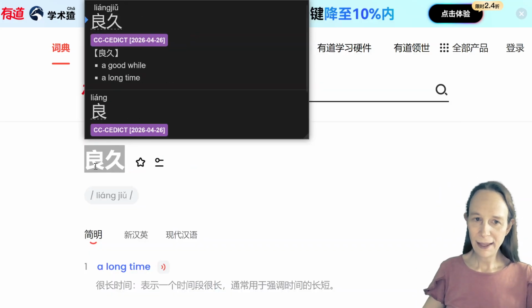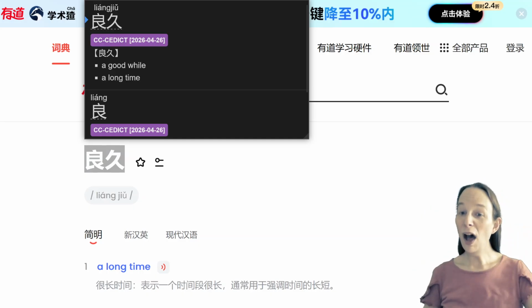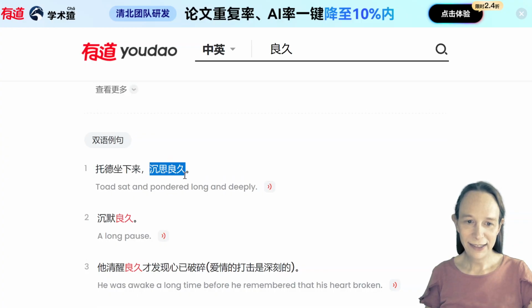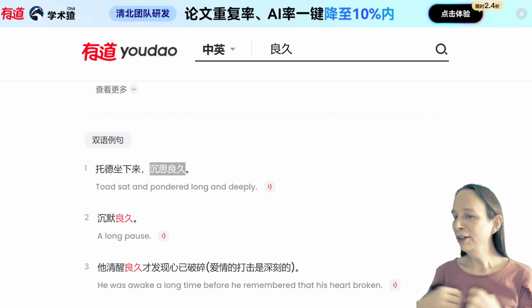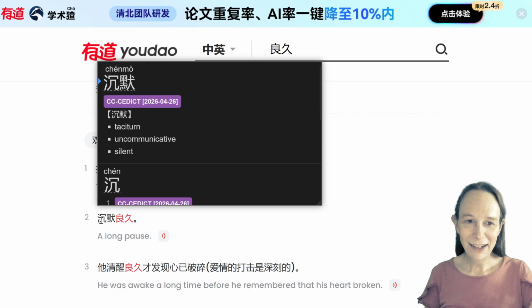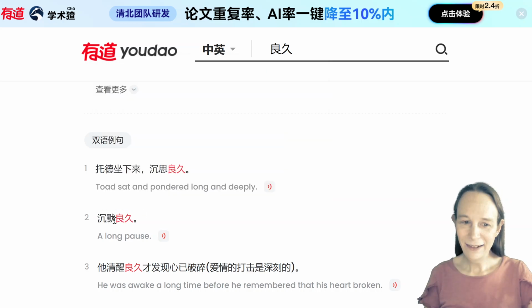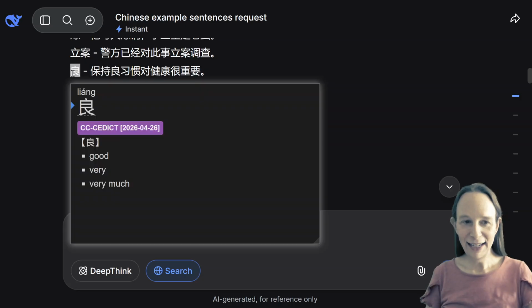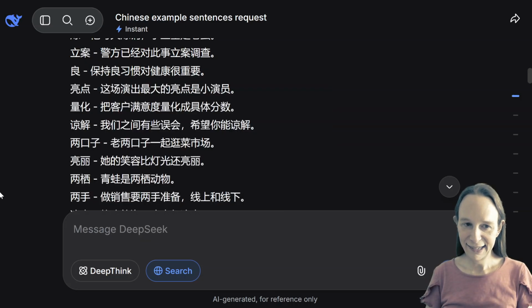You can use this to mean a good while. I've been waiting a good while. 沉思良久, I've been contemplating a good while. 沉默良久, a pregnant pause, a prolonged pause. All right, so 良, that and that. That's about it.